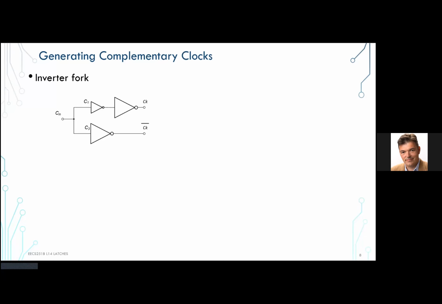So what is the delay of the top part? Well, it is 2 square roots of CL over Cx plus 2. And that has to be equal to, what's the delay on the bottom part?